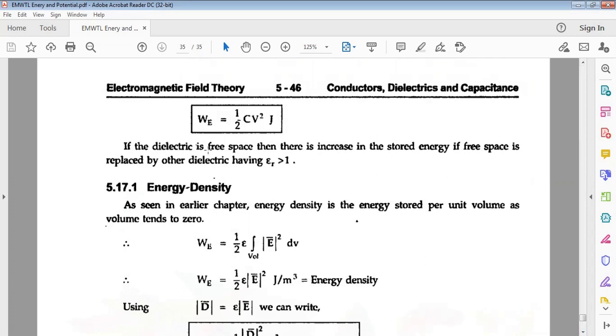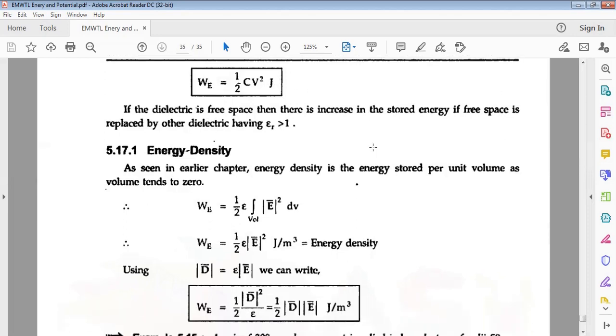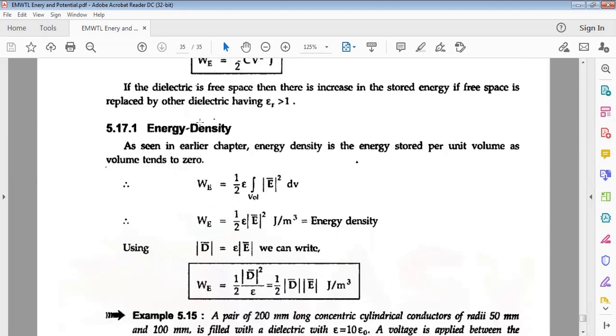If the free space is replaced by another dielectric having epsilon R greater than 1, there is an increase in the stored energy. For free space only, W_E is equal to 1 by 2 C V square. And the energy density, we already know, is W is equal to 1 by 2 epsilon naught E_R square, E bar square into dV.